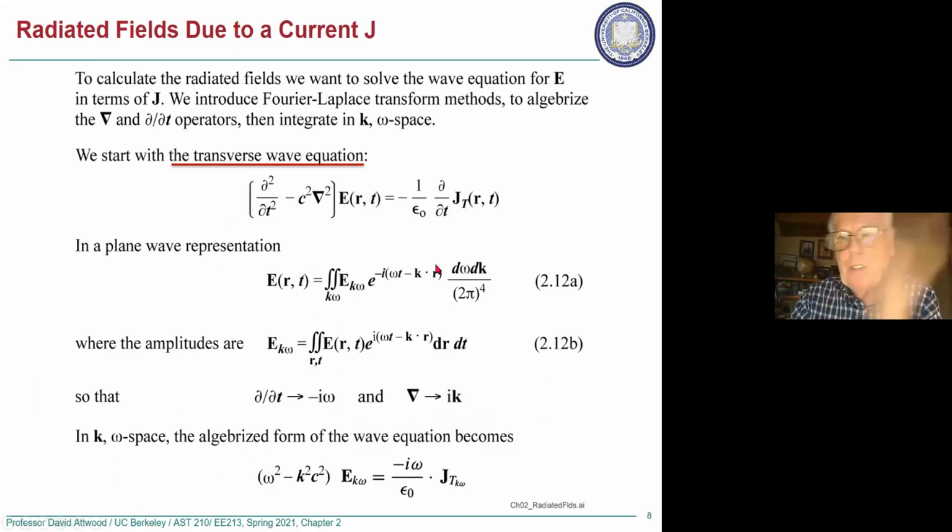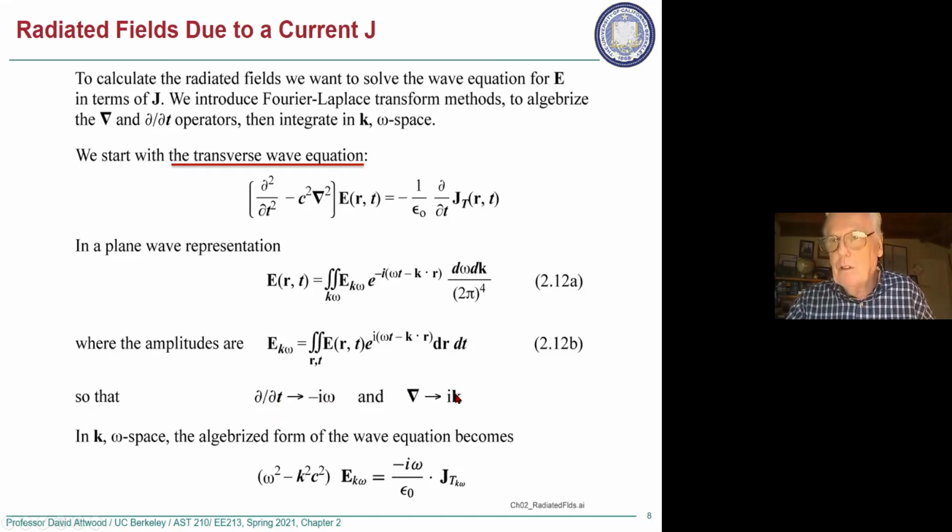And if you have some complicated equations and there are vector and time derivatives, if you introduce this technique, it allows you to what we call algebraize it. The time derivative becomes just an algebraic multiplier, and the gradient, the del operator, becomes an ik, where k is, this is not the unit vector.